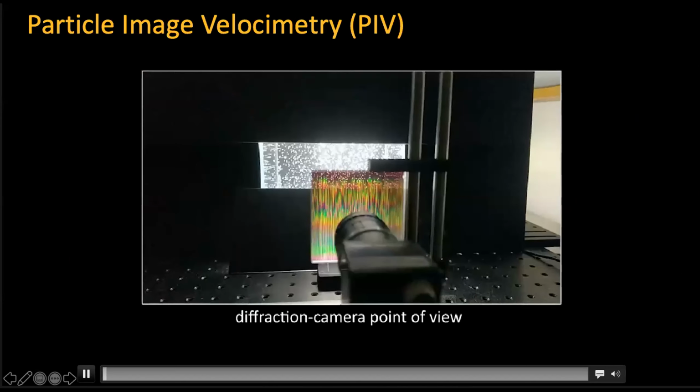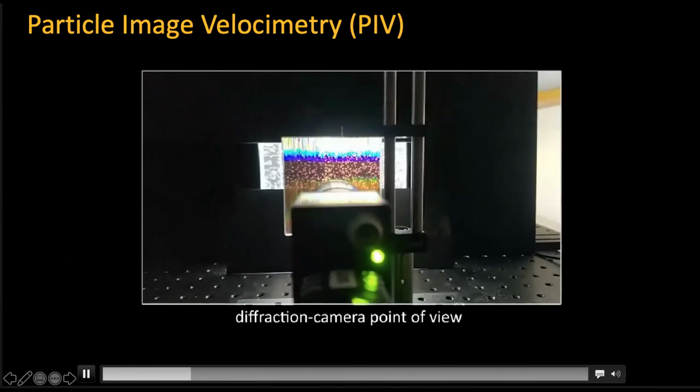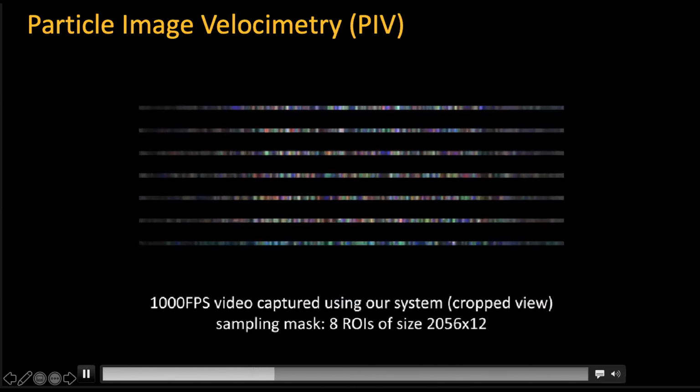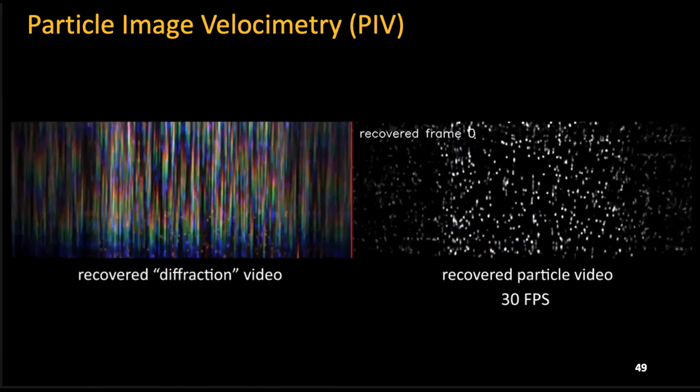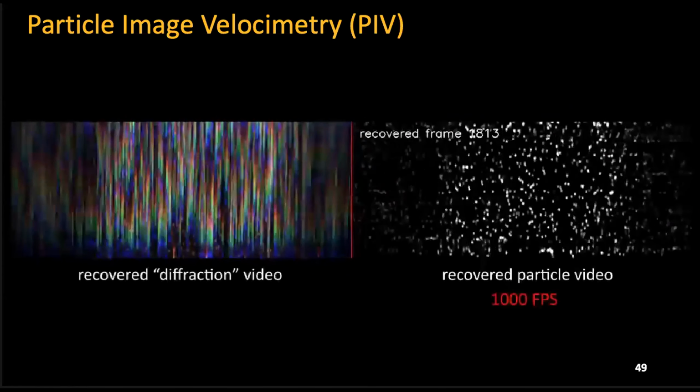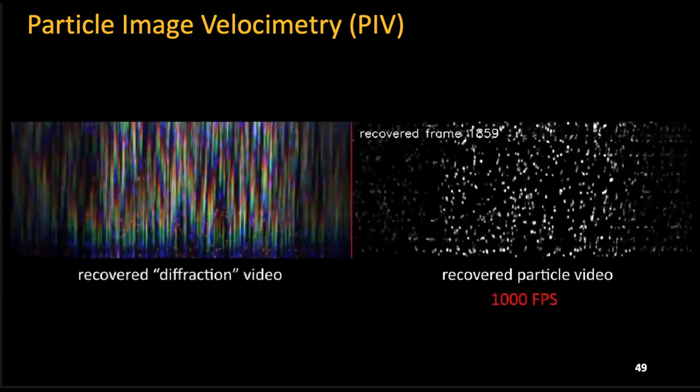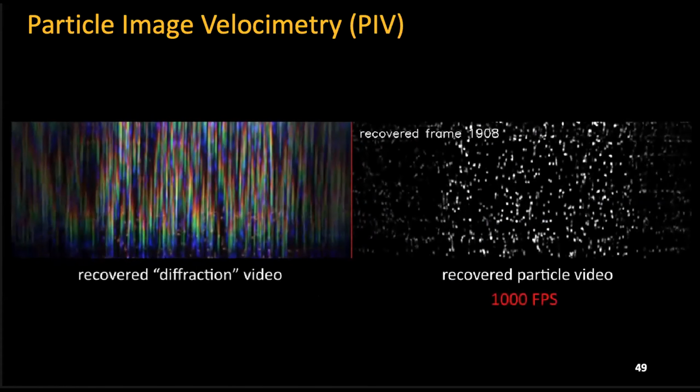The imaging system is capturing at 30 frames per second, with a camera that is rated for 30 frames per second, but you're using ROIs. Here we're using 8 ROIs. From that, you can recover the 2D position of all these particles at 1000 frames per second.